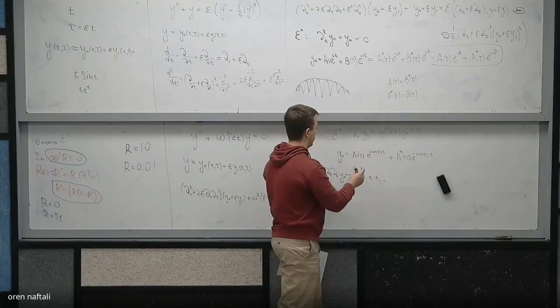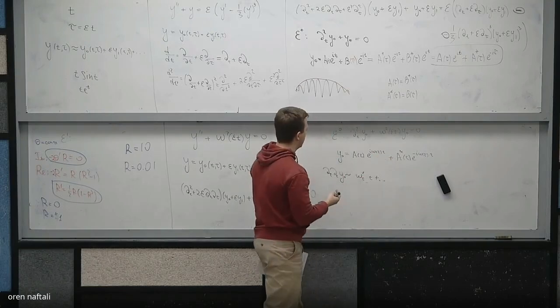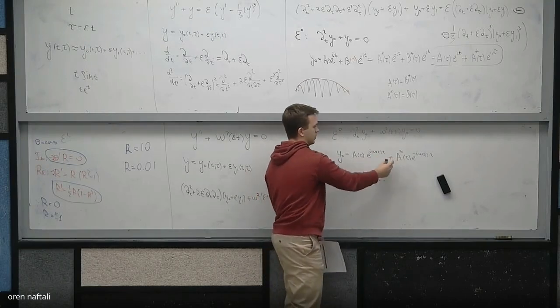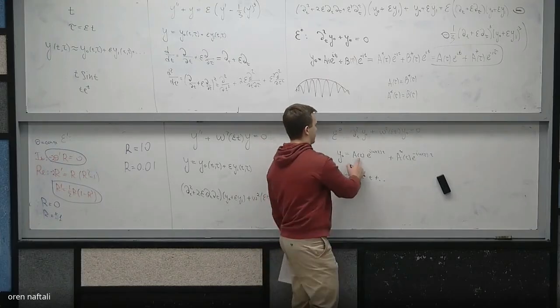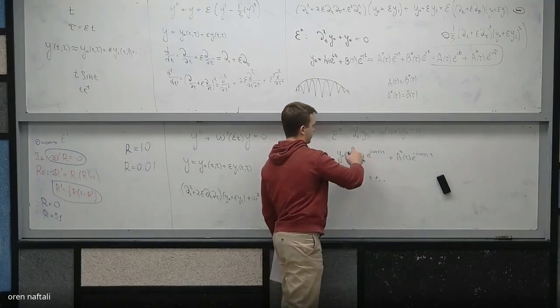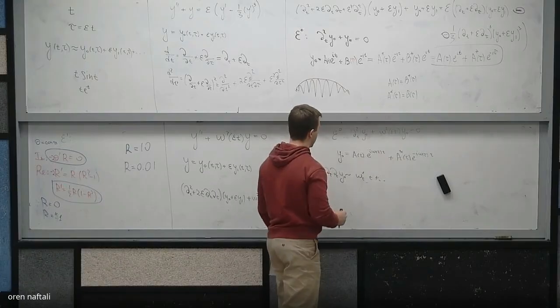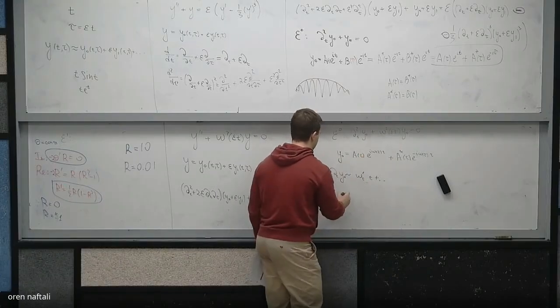So we actually mix the slow time scale with the fast time scale. We want to keep the slow time scale only in the amplitudes, this prefactor of the exponent. So the best way to write the solution is to use not omega but the phase.